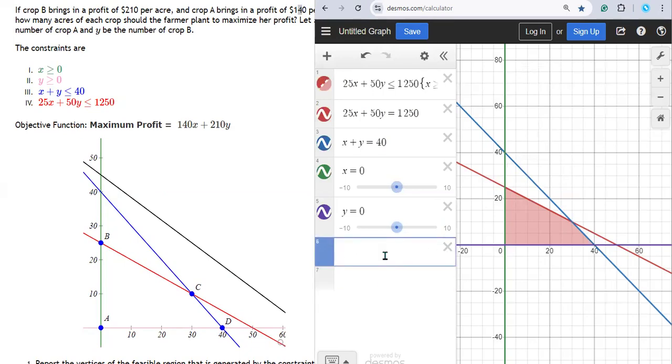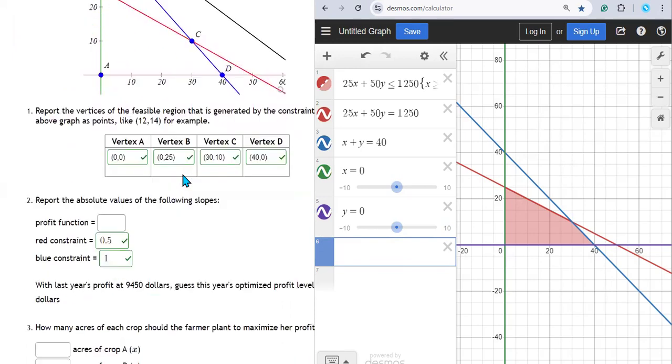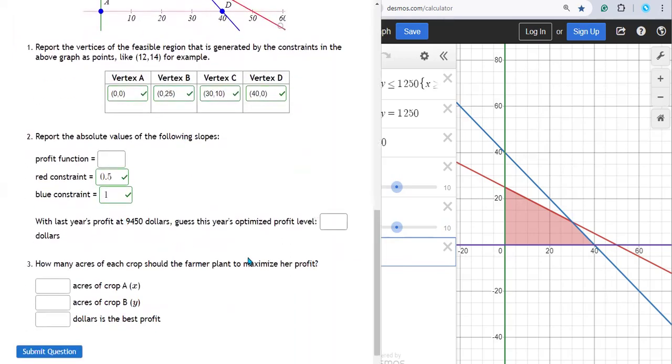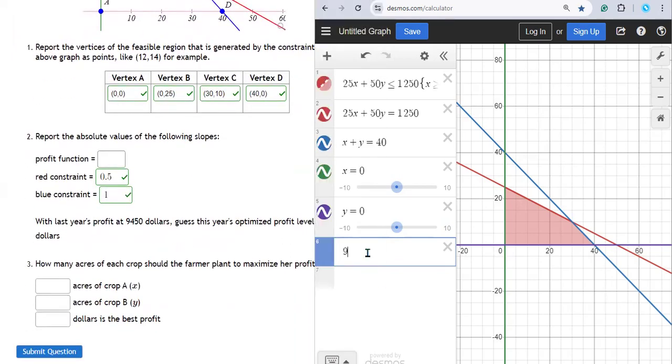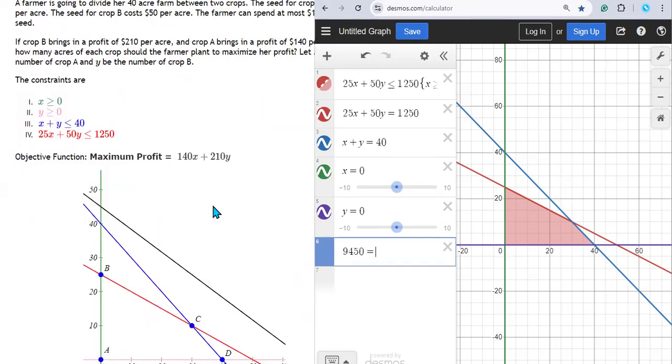The current profit is 9,450, equal to 140x plus 210y. Solving this for y involves subtracting 140x from both sides. So 140x minus 140x is 0. If I do it to the right, I've got to do it to the left.